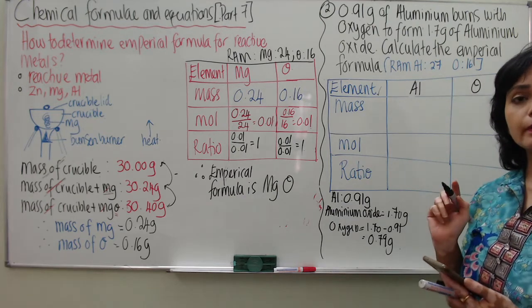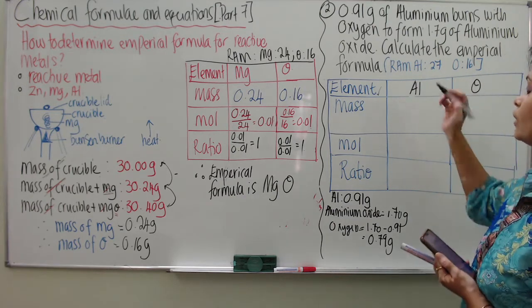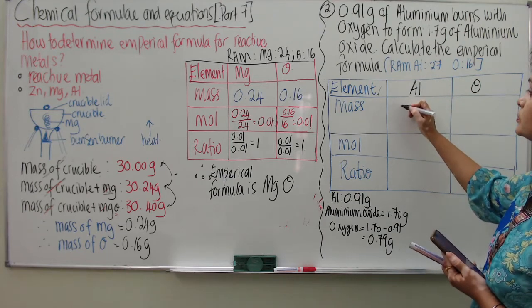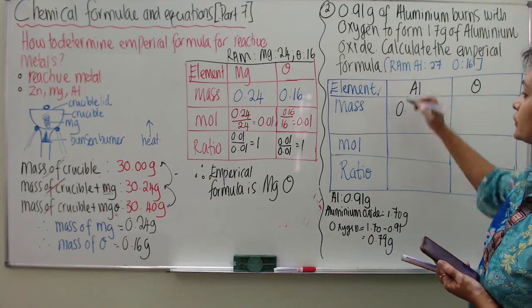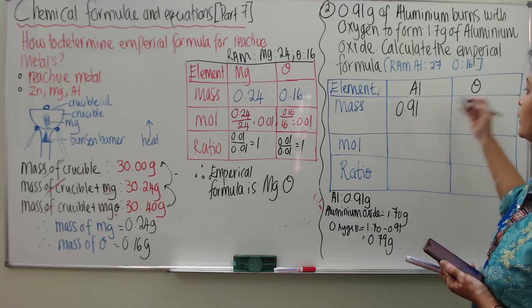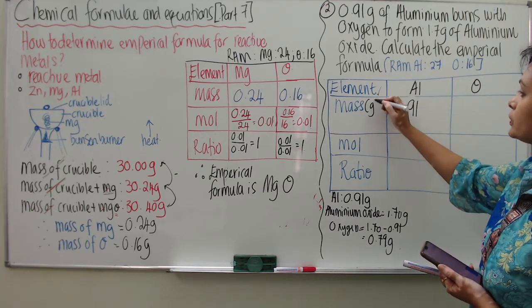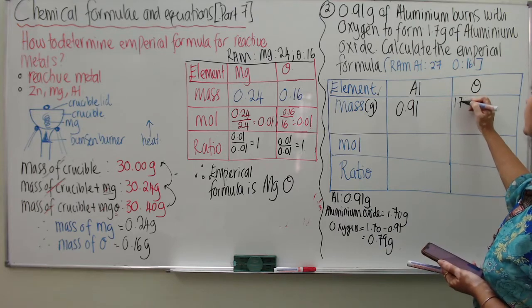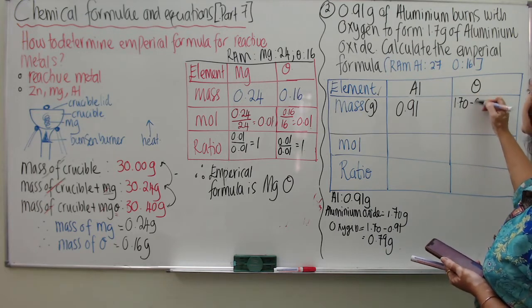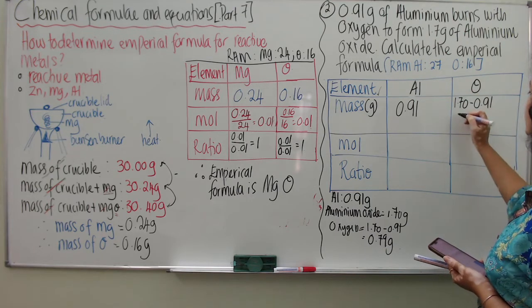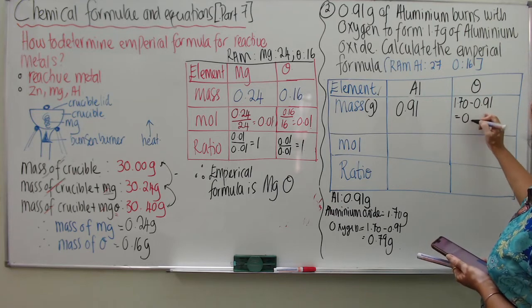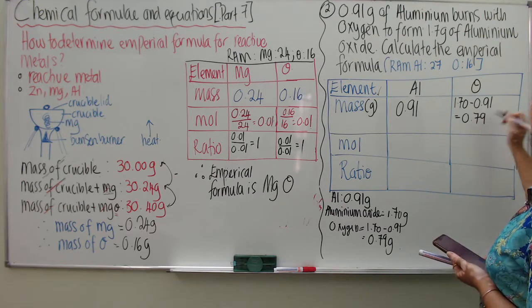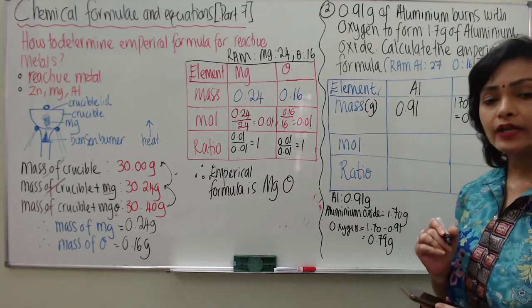Now, the mass of aluminium is directly transferred, 0.91. And oxygen will be 1.70 minus 0.91, which is 0.79 grams.